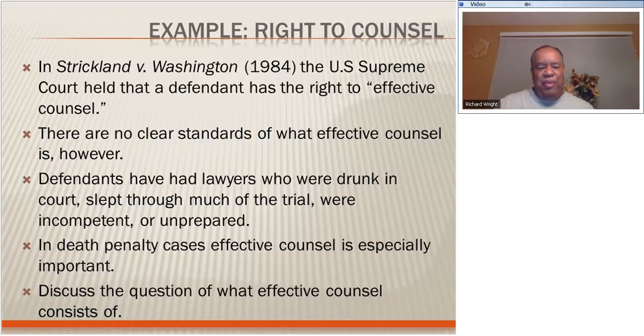Now, I'm familiar with a case of a person who had a lead attorney. It was actually People versus Peterson. There was a police officer here in our jurisdiction in Illinois who was charged with killing his wife, or his ex-wife.